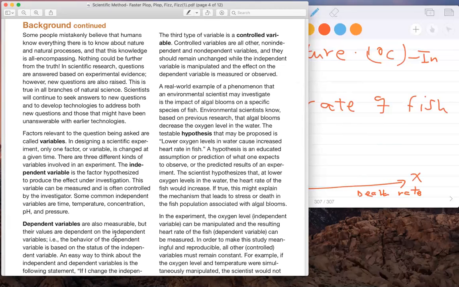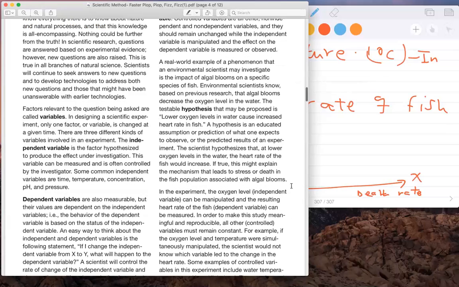Throughout, maybe even outside this lab, the independent variable always goes on the x-axis and the dependent goes on the y-axis. So it's easy to see the effect, all right? The effect that other variables do not affect.